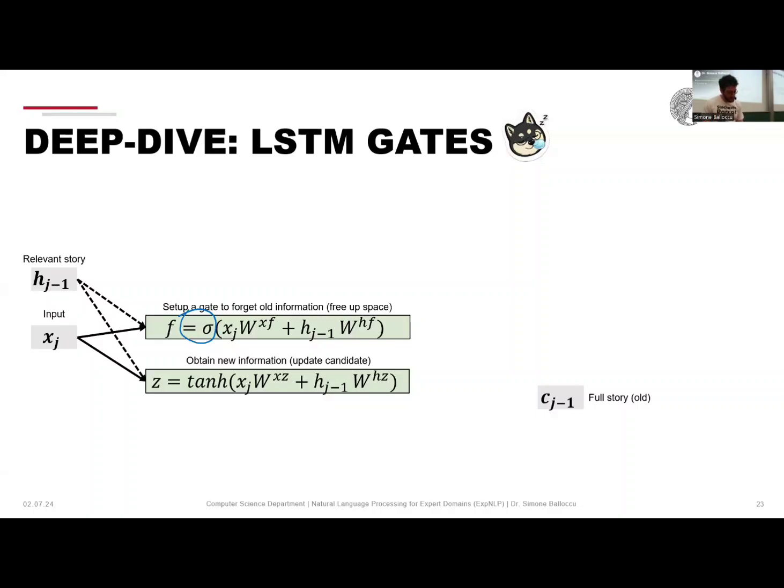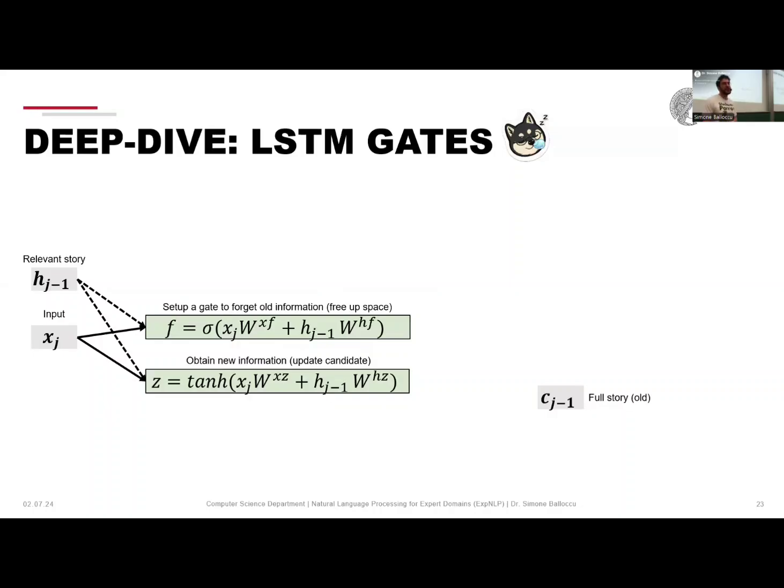The result of this is going to be a vector, and the sigmoid is applied to every single element of a vector. You might remember that in the previous lecture we said we don't use sigmoid on a vector, we use softmax. Yes, but here we use a sigmoid because we don't want a distributional probability. We want just a number for each cell. They could all be 1 if we want to. It will be a gate that passes all the information. So that's why we use a sigmoid.